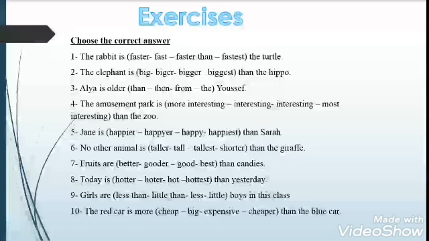Girls are what boys in this class. Girls are less than, little than, less or little. Who remembers? Here I'm comparing between girls and boys. In any comparison, what should always be there? The word than.